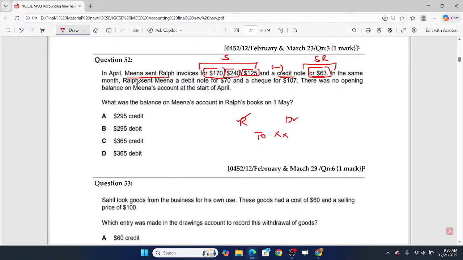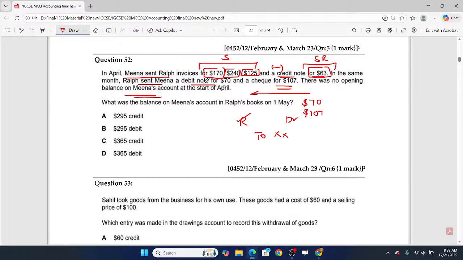In the same month, Ralph sent Meena a debit note for 70 and a check for 107. A debit note means some defect is there. So Ralph says, I will subtract $70 because of a defective item, and sends a check for 107. There was no opening balance for Meena.